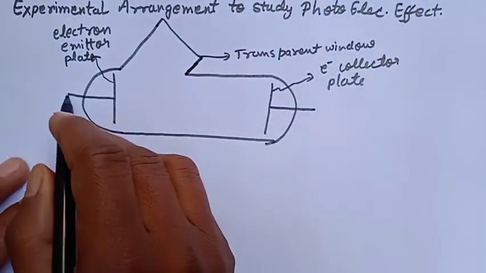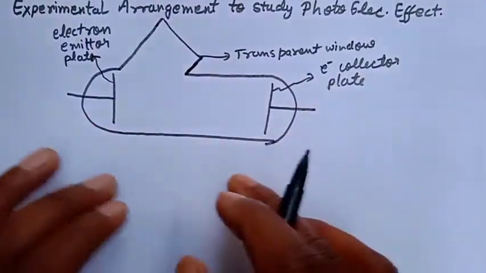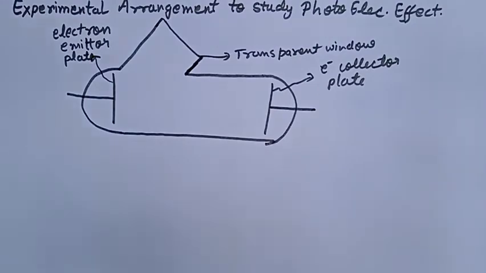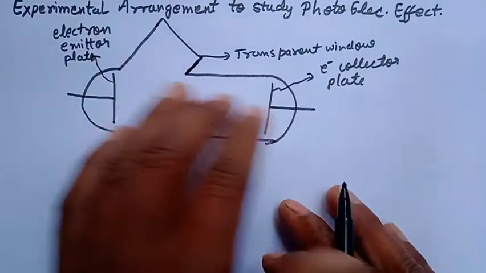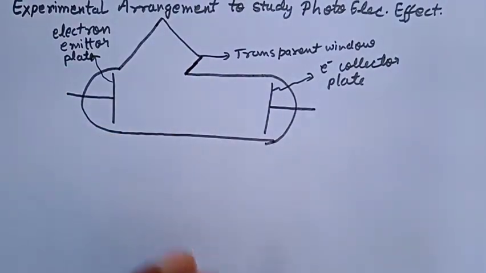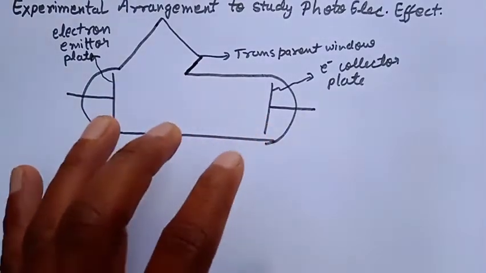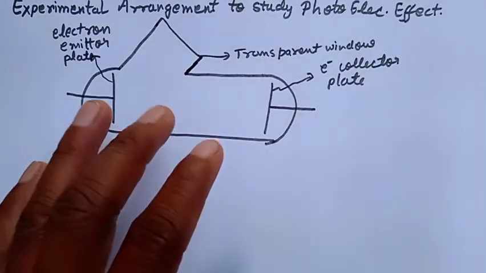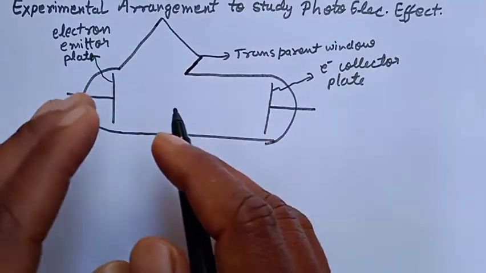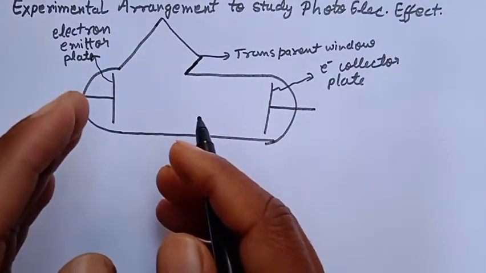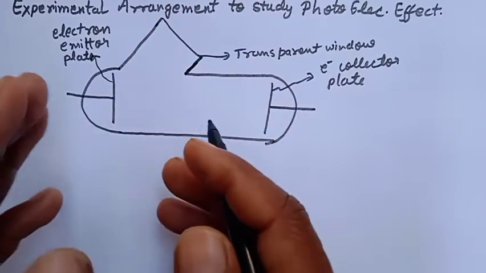Actually these two wires then get connected to some source of high voltage. Actually it is a vacuum tube, or we can say it has very low pressure, so that we can say there is vacuum inside it.